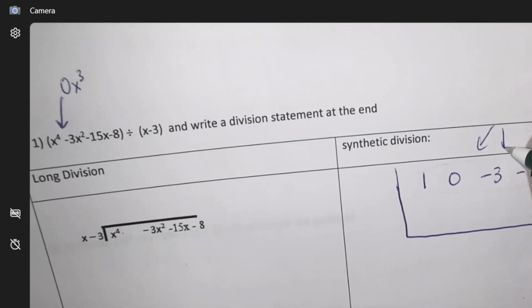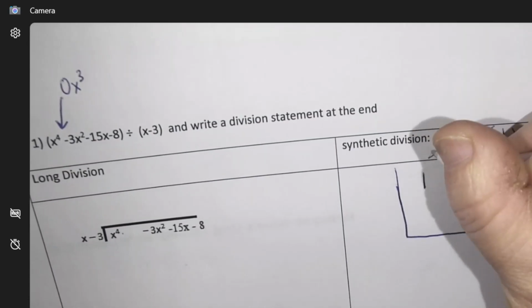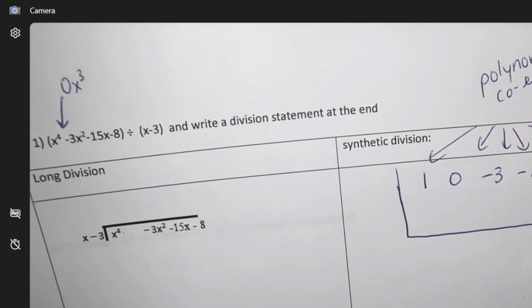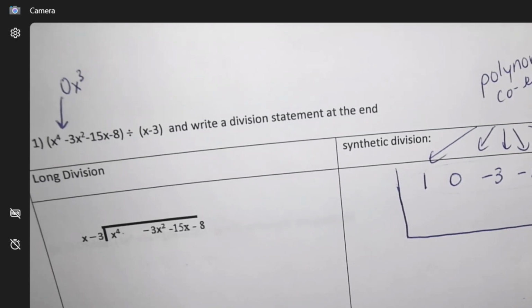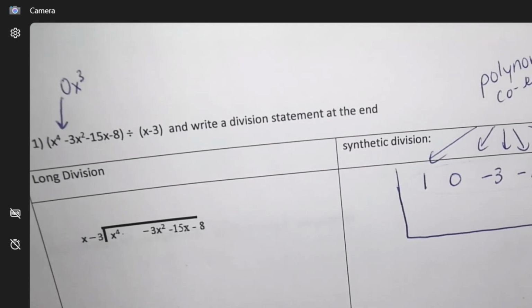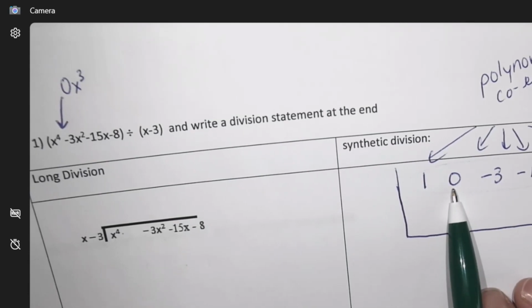So these are polynomial coefficients, and they have to go in order. Okay? So sometimes you're going to have to do fillers. If there's an order missing, you have to fill it in.